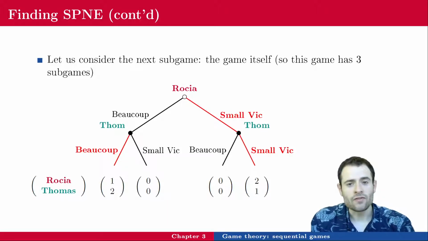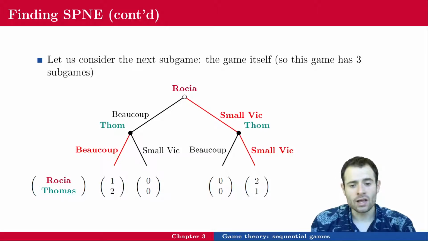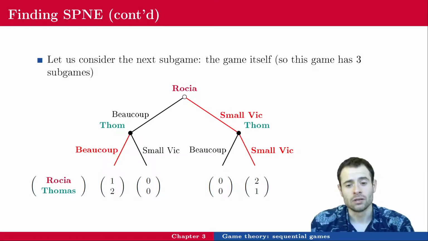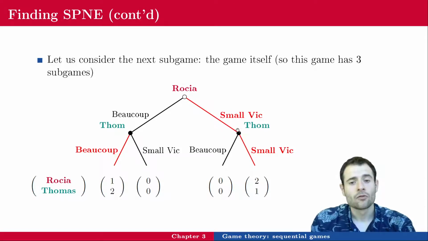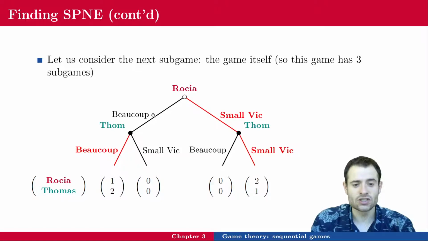Now, we have found the best responses in each subgame. We are ready to list the different strategies. For Rosia, it's easy. She goes to small victory. There is only one branch. For Tom, because there are two branches, we have to specify what is played at each history.